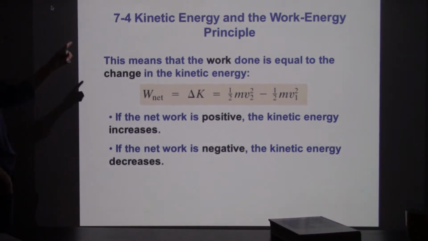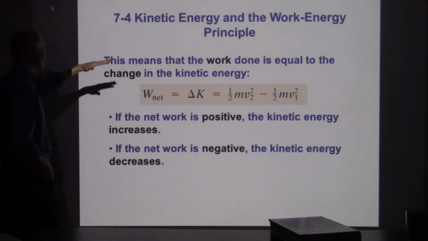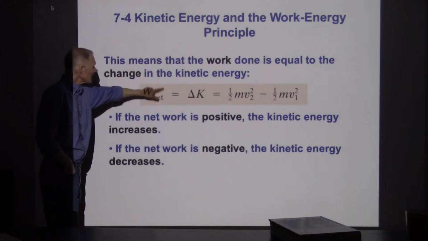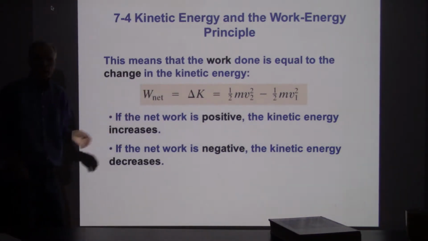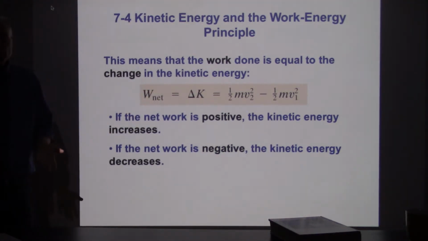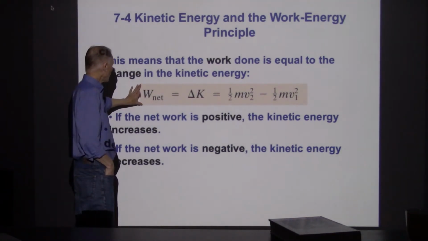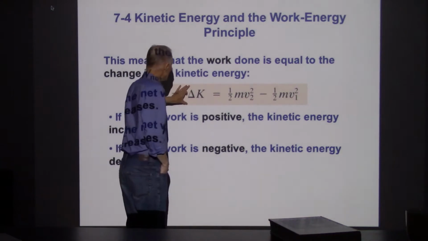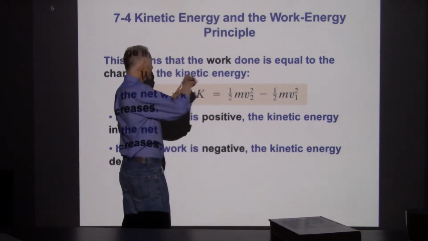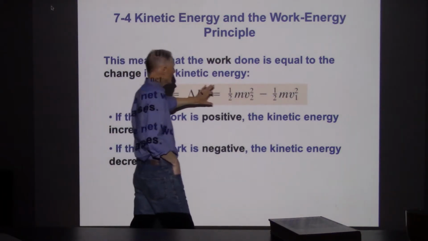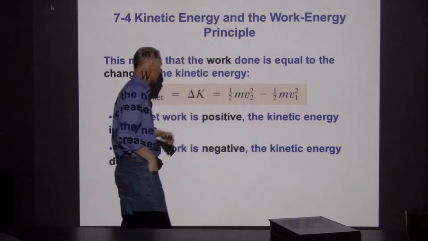All right, the work-energy principle is what the book is going to be calling this, and it says that when we calculate all the work, which we've been doing through the chapter, that's going to show up as either taking kinetic energy away or adding kinetic energy into the object, and that will show up as a difference in kinetic energy.